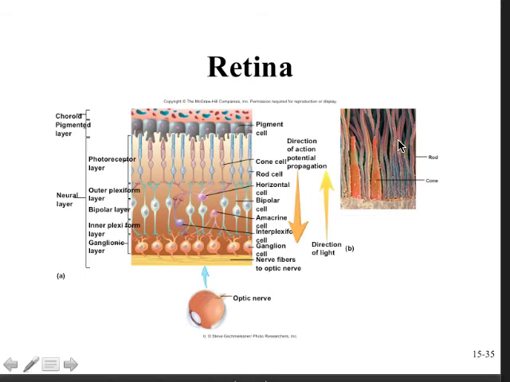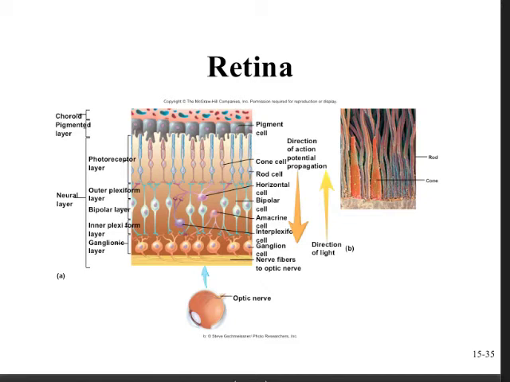And here you can see just an electron micrograph showing you the rods and the cones and their different shapes. And the bottom line here is that when the light hits the opsin, what will happen is that it'll change its shape due to the fact that there's a molecule of retinol that's contained in these opsins.